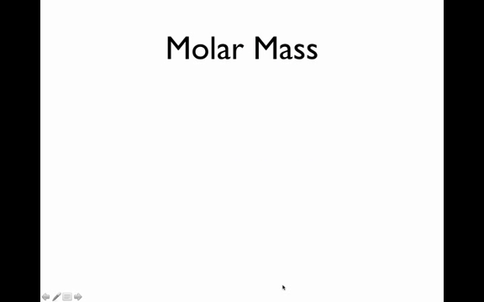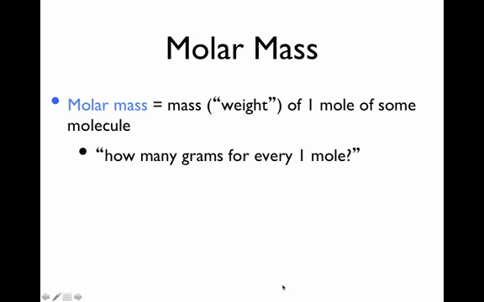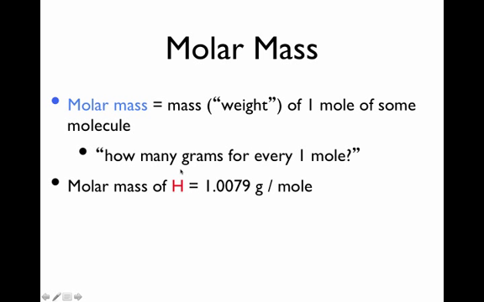Molar mass, we basically talked about it on the previous slide, but more formally, molar mass is the mass, or if you want, the weight of 1 mole of some molecule. It's answering the question, how many grams are there if I had a mole of some particular substance, or a mole of anything?